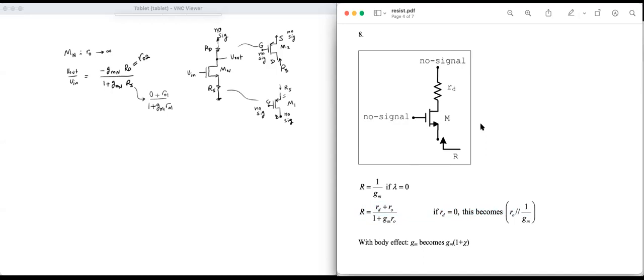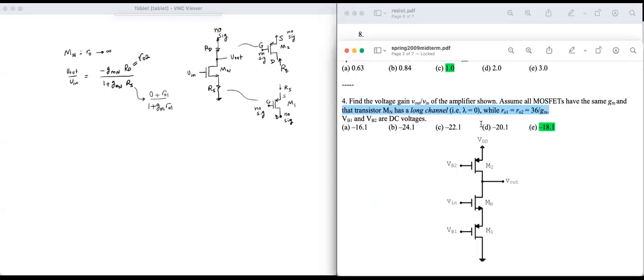Okay, so now I have RD and RS. Assume all MOSFETs have the same GM, so GM1 and GMN are equal, and also RO1 and RO2 are equal, and the product GM RO is 36. So we can simplify this to minus GM RO, since all the ROs are equal and all the GMs are equal, divided by 1 plus GM RO over 1 plus GM RO.